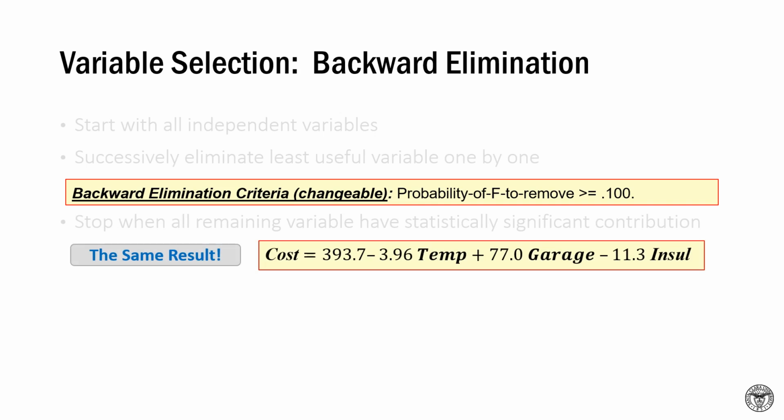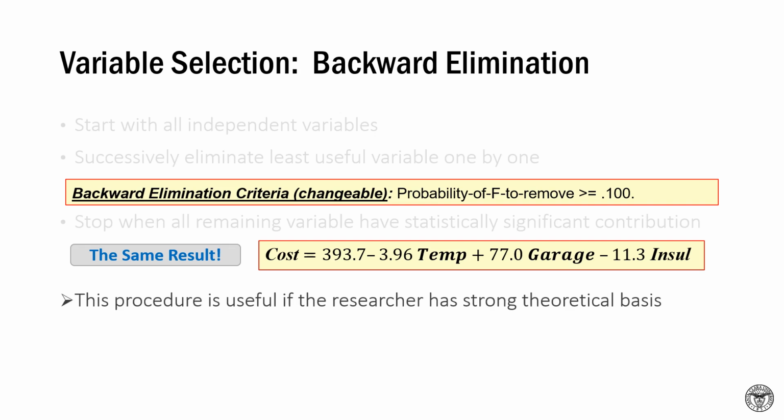Running backward elimination on the heating cost case, we obtain the same multiple regression result. The backward elimination method is often used when the researcher has a strong theoretical basis for which independent variables should be included in the model and wants to eliminate any redundant or non-significant independent variable.